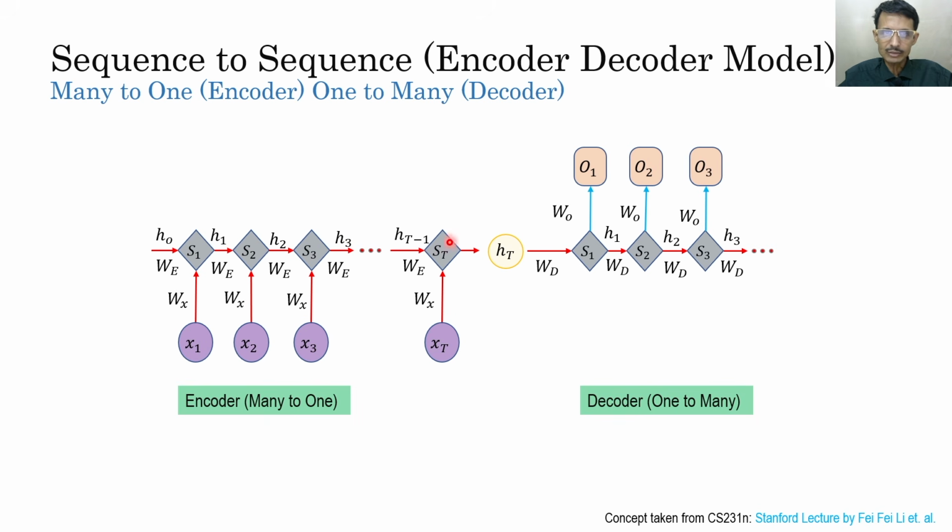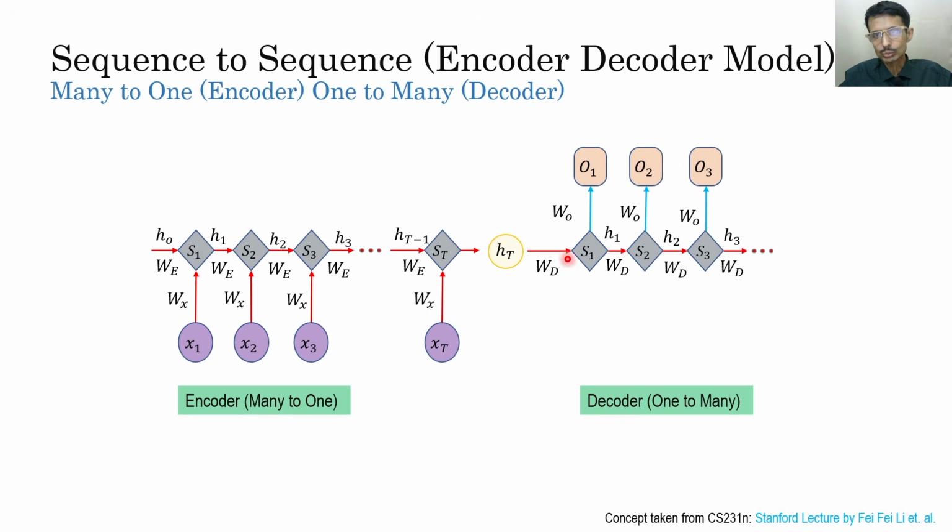From ST, the final state, HT minus 1 is coming from the previous state, and Wx is coming from XT, and finally we get this HT. So HT is a very important thing. In later study, you will see we call this the context, something very important, which is basically an abstract or an extract of all these inputs.